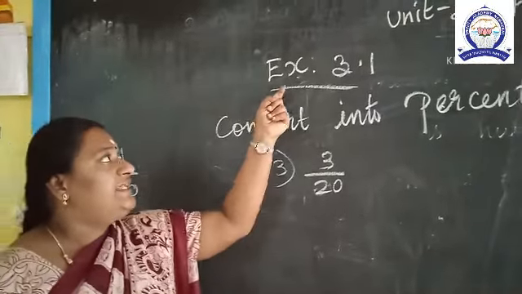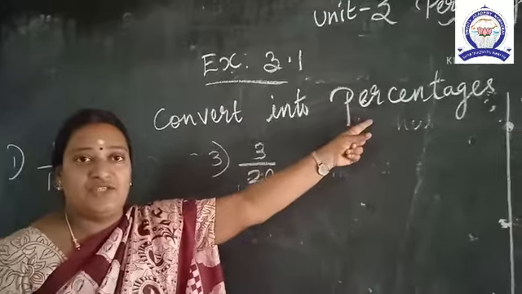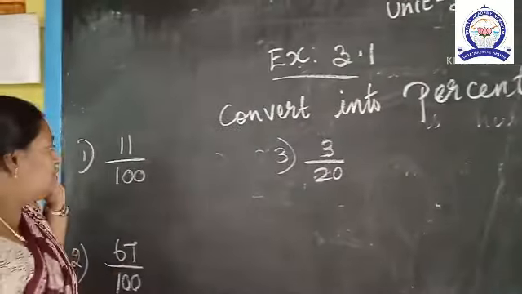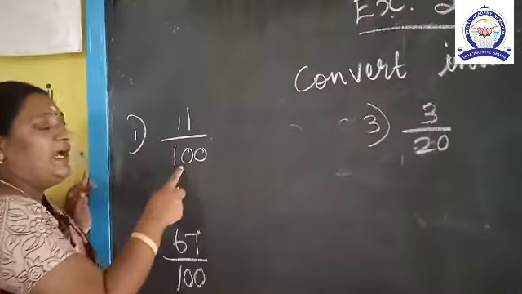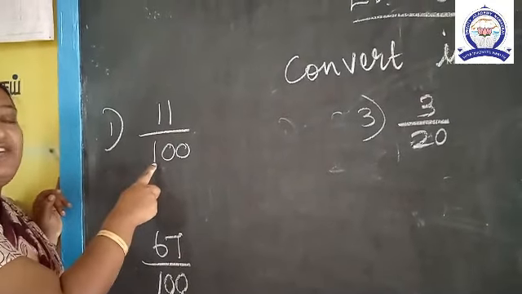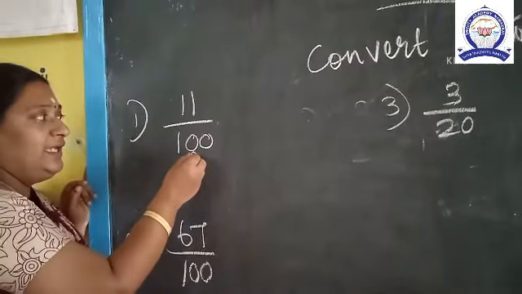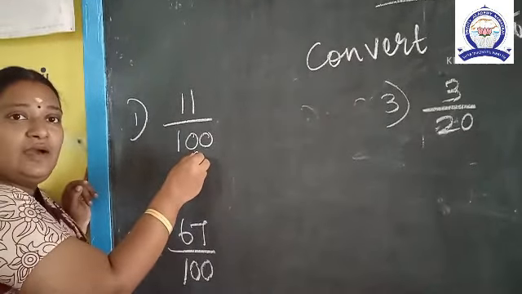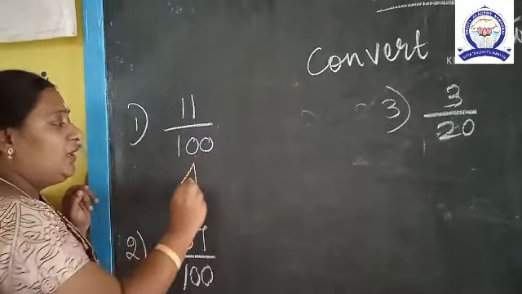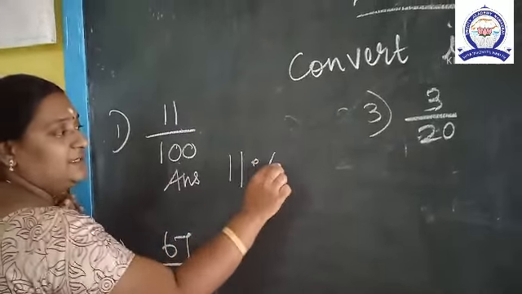Next we see exercise 3.1. Convert into percentage. First question, 11 by 100. This is in fraction form. Convert this fraction form into percentage. Already the denominator is 100, so the answer is 11 percentage.